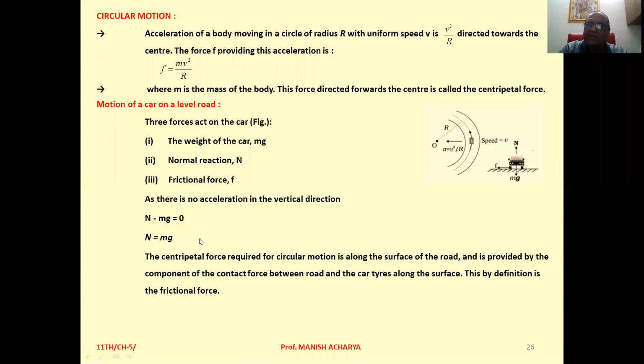And now see here, the force towards the center is the frictional force. So the frictional force will provide the required centripetal force to sustain the motion of the vehicle.